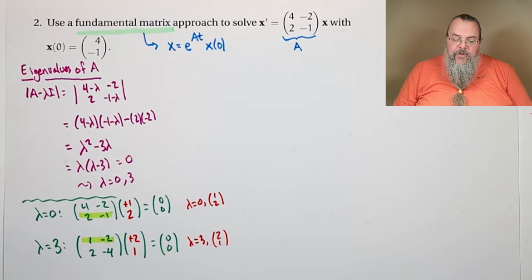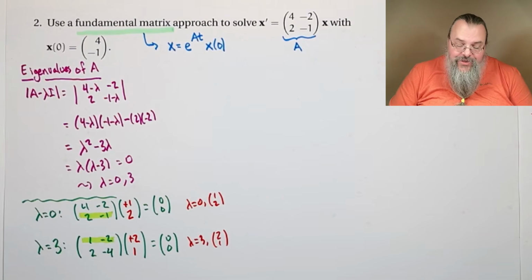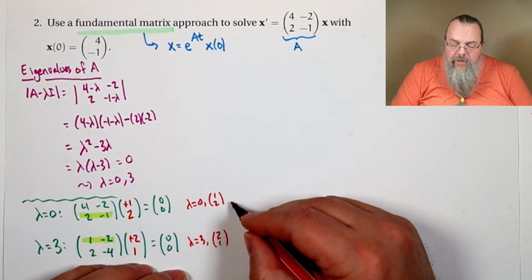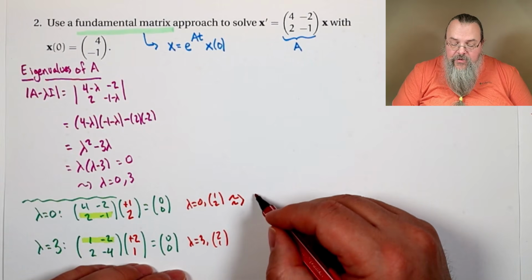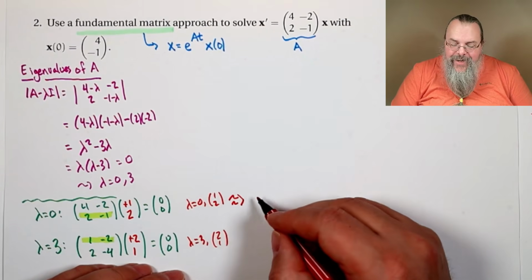All right, now, what does this tell us? Well, these give us solutions. The lambda equals 0 eigenvector [1, 2] says one solution is e to the 0t, which is 1, times [1, 2].